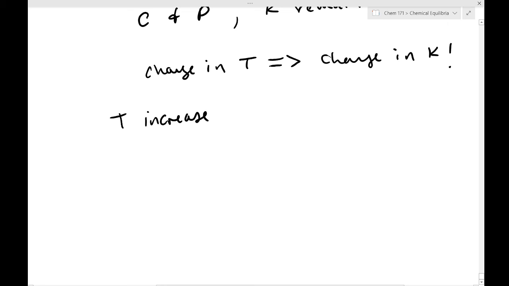Okay, so if we have a temperature increase, the reaction will always shift to decrease the temperature.